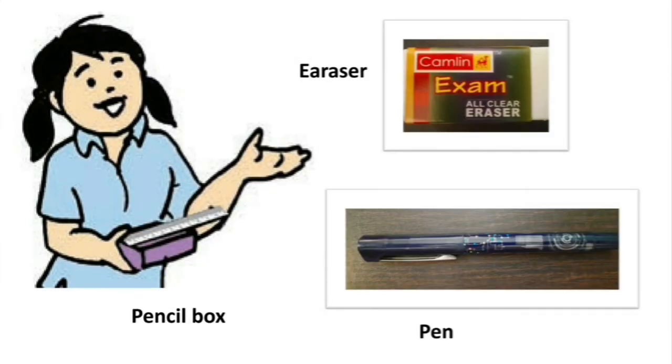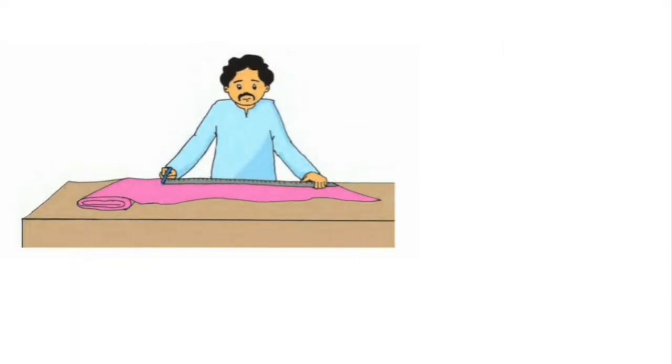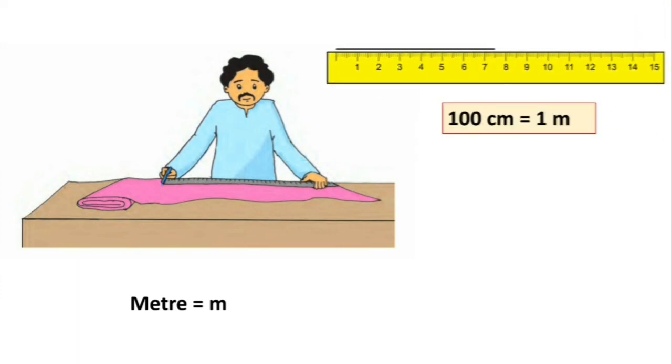We use millimeters and centimeters to measure smaller things like a pencil box, eraser, pen, etc. Now children, let us learn about meters. We use meter and kilometer to measure longer distances. The short form of meter is m. Children, 100 centimeters is equal to 1 meter.